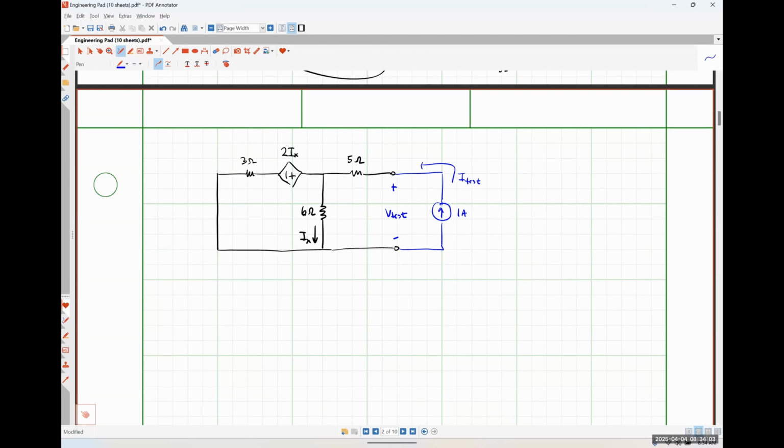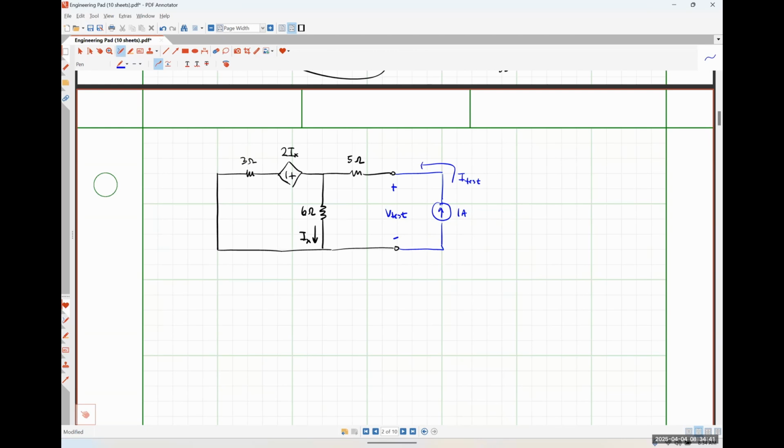And so now all we have to find is that voltage V test. So how might we go about finding that voltage V test? We could do mesh, and I would say V test is going to wind up being, let's see, -5 IB plus 6 ohms times IA minus IB.